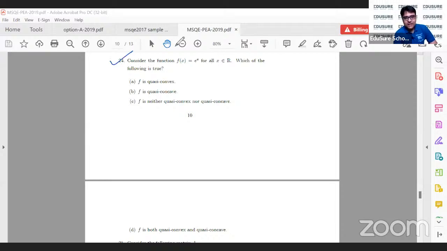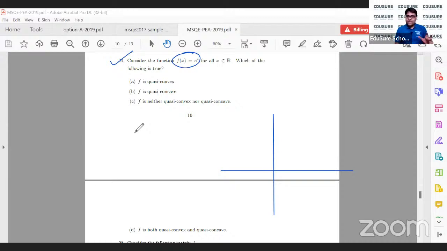ISI 2019 TA question number 24. F(x) is equal to e to the power of x. Now, e to the power of x looks like this. I hope that each of you have looked at the entire theory for convexity, concavity, quasi-convexity, quasi-concavity.